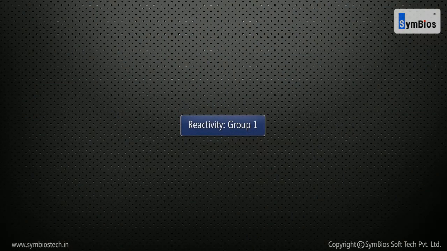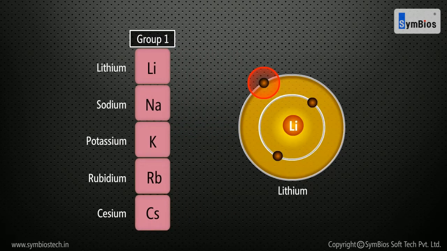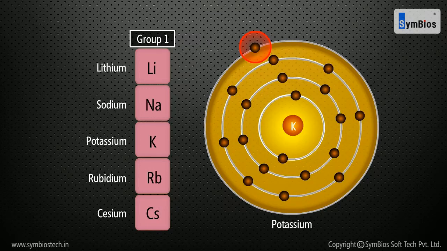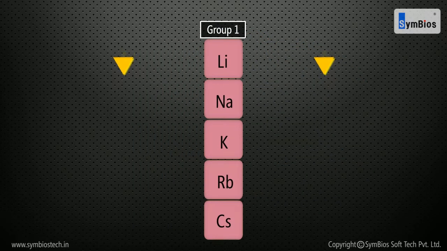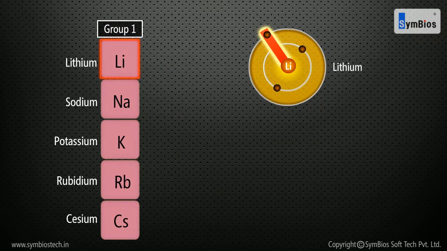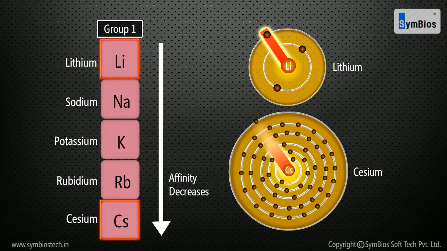Reactivity, Group 1. Each nonmetal from this group has a single electron in the outermost shell. The reactivity increases as we move down in the periodic table because as we move from lithium to cesium, the affinity of the nucleus towards the outermost electron decreases.